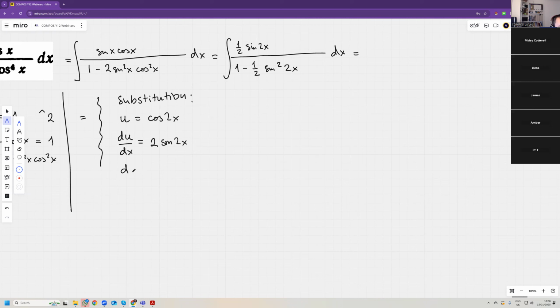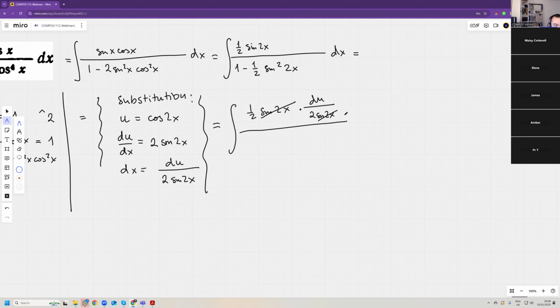That means that dx can be expressed as du over 2 sine 2x. And that means that my integral becomes 1/2 sine 2x multiplied by dx, and dx is du over 2 sine 2x. Aha, sine 2x disappears.